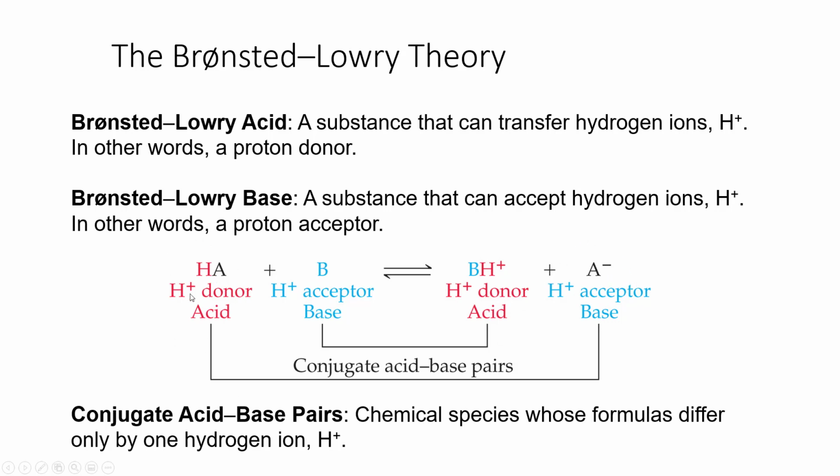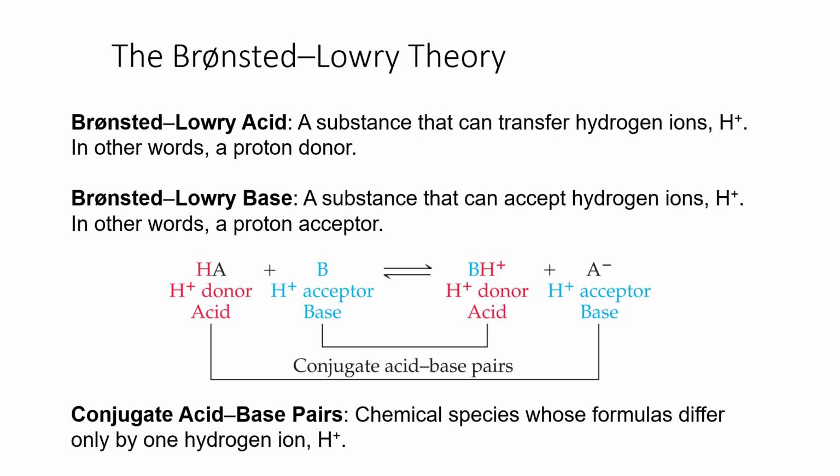So that's a conjugate acid, conjugate base. For every conjugate acid, you have a conjugate base. Over here, this is our base because it's our hydrogen acceptor. On the other side, it's turned into the conjugate acid because it has now accepted that hydrogen, and we've gone from a neutral species to a positively charged species.